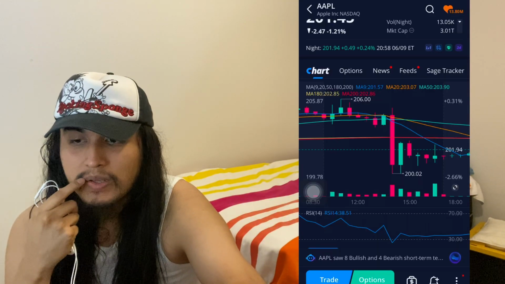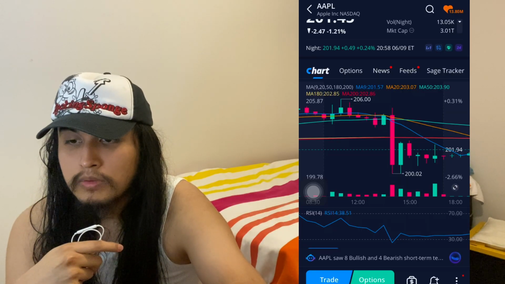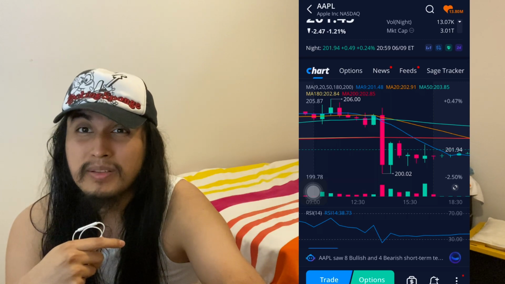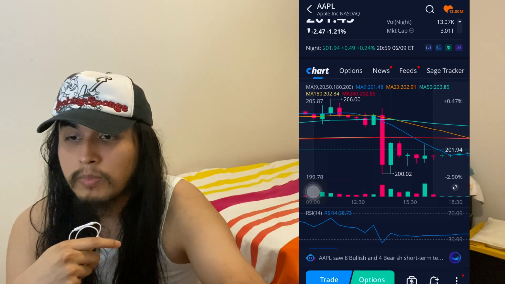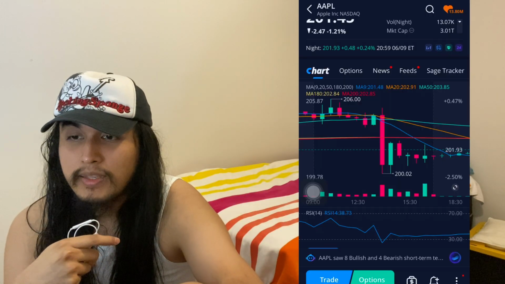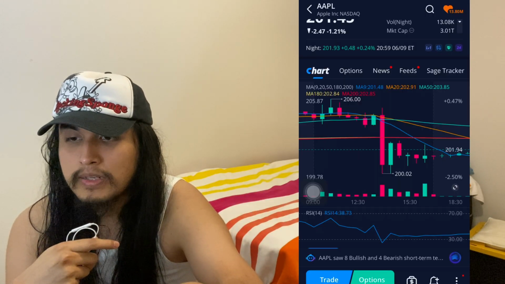And I didn't expect Apple to make such a huge move for the day, but nonetheless, if the 9-day moving average crossed below the 20-day moving average, maybe this could indicate a change in Apple's trend to being bearish for the day.